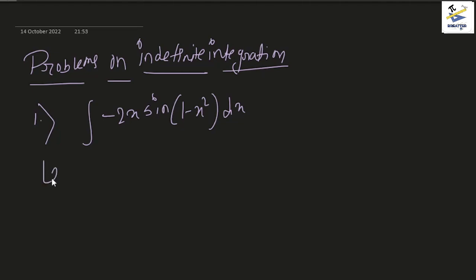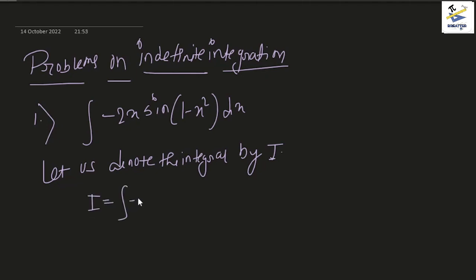Okay, so firstly let us denote the integral by I, as usual. So I is minus 2x into sine of 1 minus x square dx.